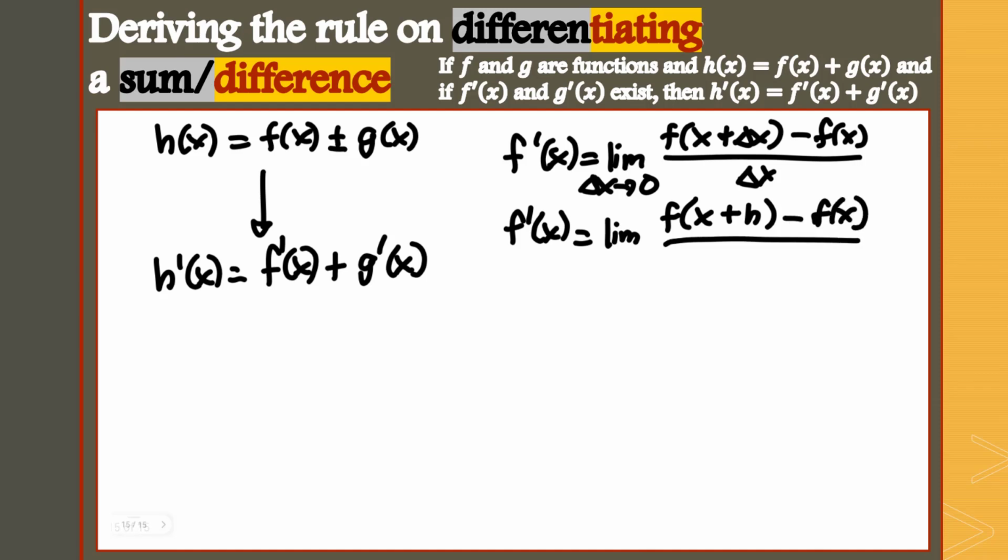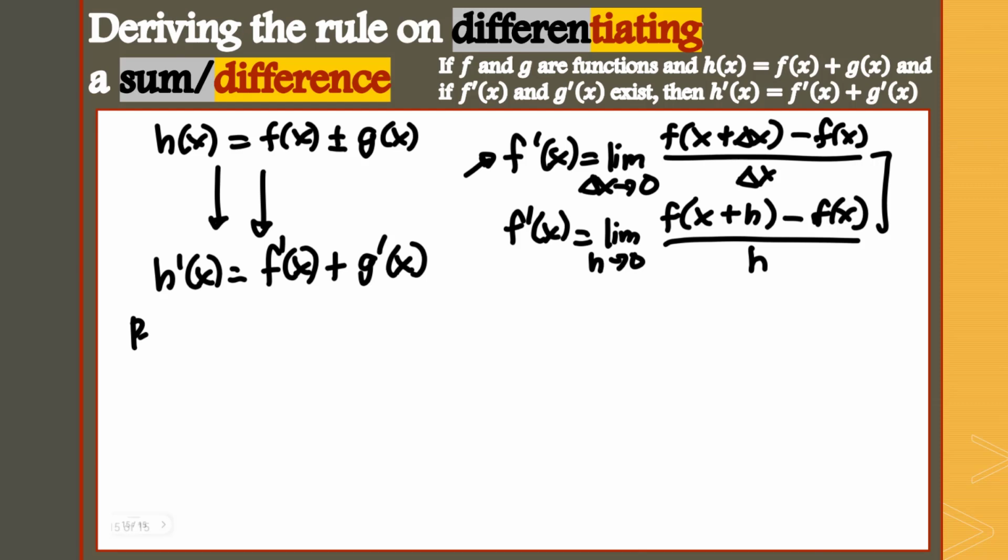All the delta x is changed to h, so they are just the same. Nevertheless, we're going to use this definition because it is more formal in terms of the discussions I have read, and to also consider even small changes in the value of x. So this is our goal, and we're going to look into that.